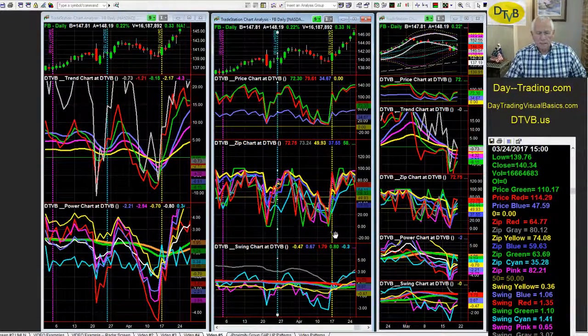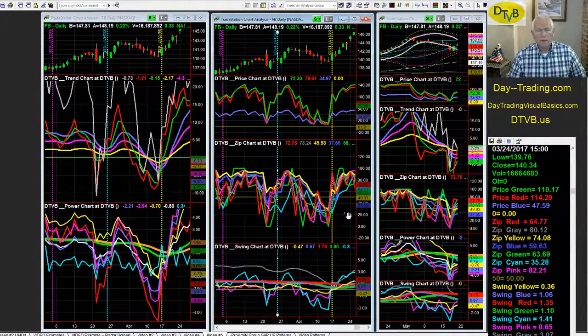Each of these three can easily be found just by setting a Zip Cyan lowest scan and running it every evening or every morning, whenever you want to run it, and you'll be able to just pick these off the list of the scan. And Zip Cyan lowest and Zip Cyan highest are pre-built indicators.